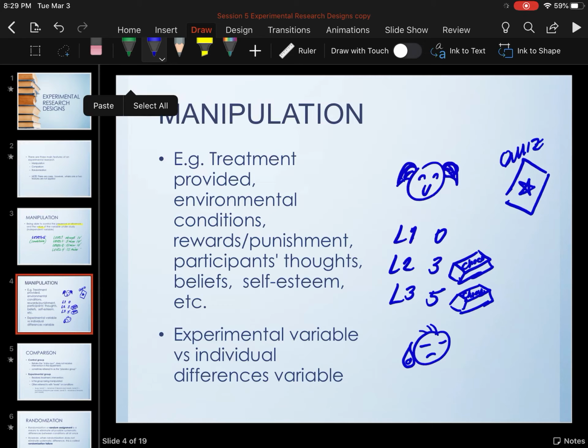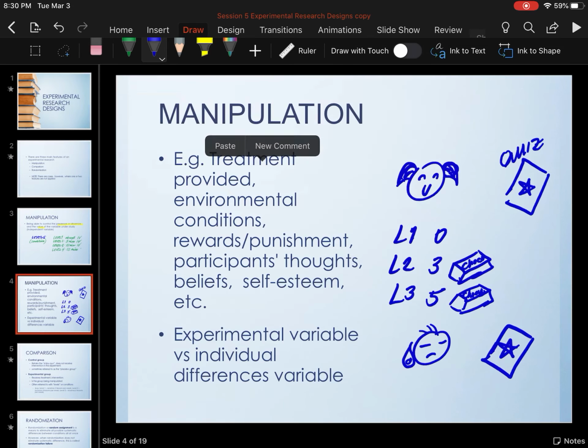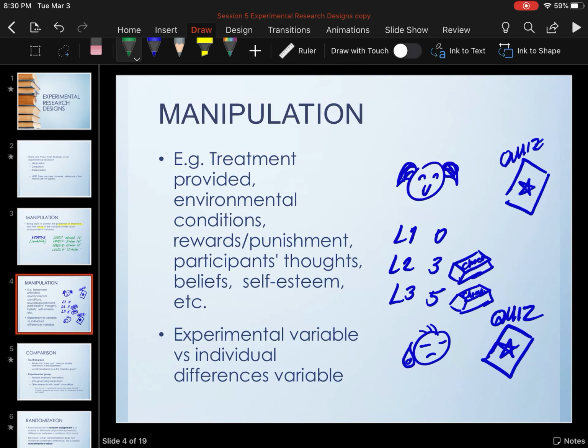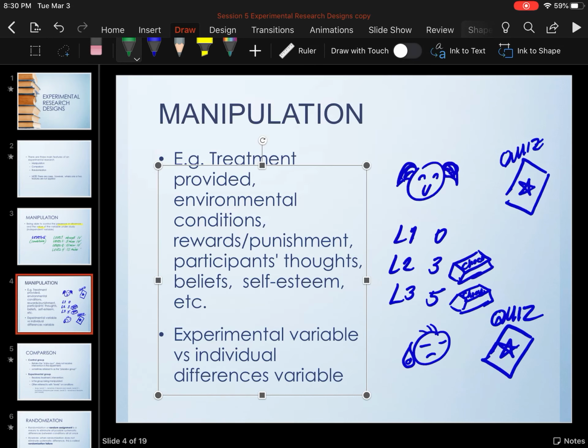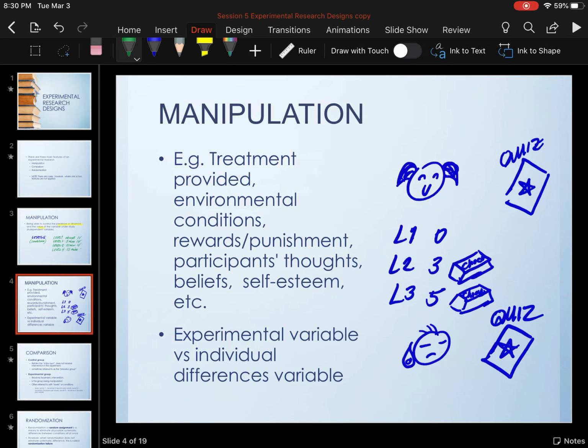So that means the chocolates did not serve as a reward for that child. And so, whatever the performance of that child was in the quiz, that was most likely because of something else and not because the kid found your chocolate bars rewarding, nor was it because the chocolate bars were appealing. That, dear students, is what we call a failure of manipulation.